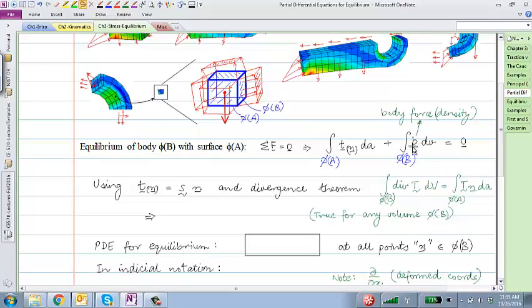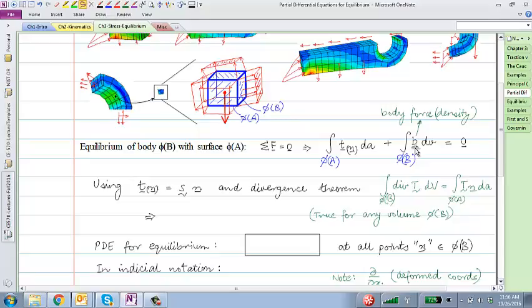Can you tell me what this expression would be for, let's say, this object, where our axes are x1 pointing this way, x2 pointing in the vertical direction, x3 pointing out of the plane, and so obviously gravity would be pointing downwards? What would this body force density be for an object like this? Rho g, right?